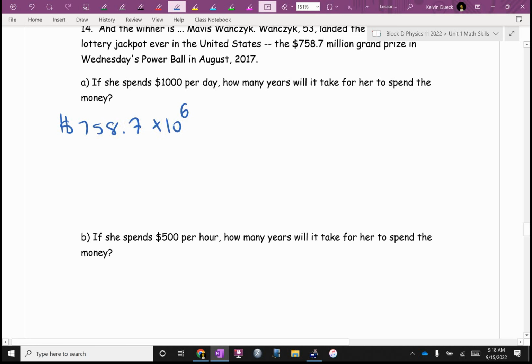Million is 10 to the 6th, and it's less writing, so I'm just going to do that. And what I'm going to do first is divide this by $1,000 per day, because that's going to give me an answer how many days this would take.